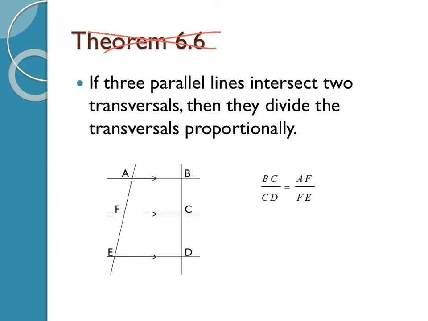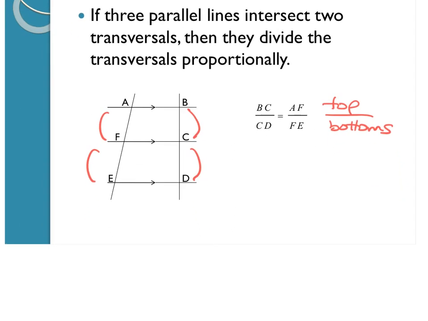So their proportion, they've set it up with the tops over the bottoms. So they're saying BC over its bottom, which was CD, and then AF over FE. Now, we can also set this up from side to side. So I could also say AF over BC, and then FE over CD.